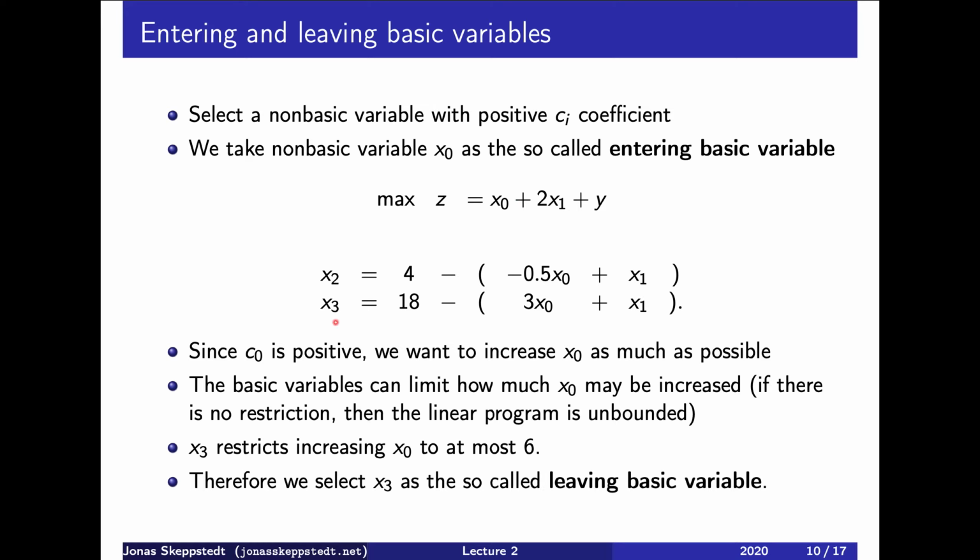And then the question is, which basic variable should we switch with? It is the one which constrains how much we can increase the non-basic variable the most. And we will drive that one to 0 by increasing the non-basic as much as possible.